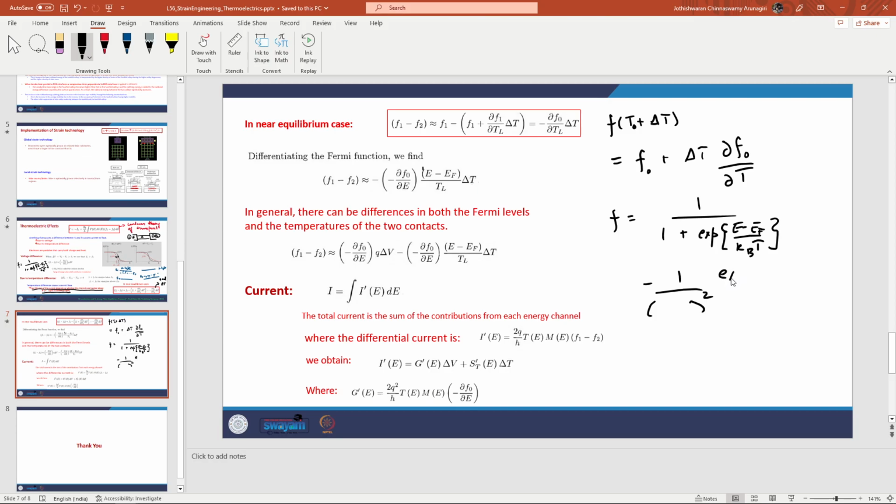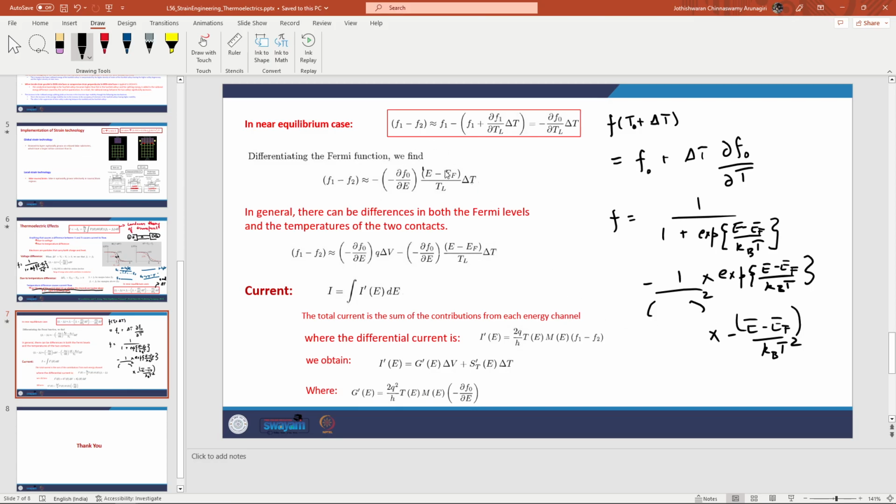So that is going to be exponential of E minus EF upon kBT. And then we will differentiate what is on the inside. So that is going to be E minus EF upon kB, times minus 1 over T squared. So it's going to be a product of these three terms.